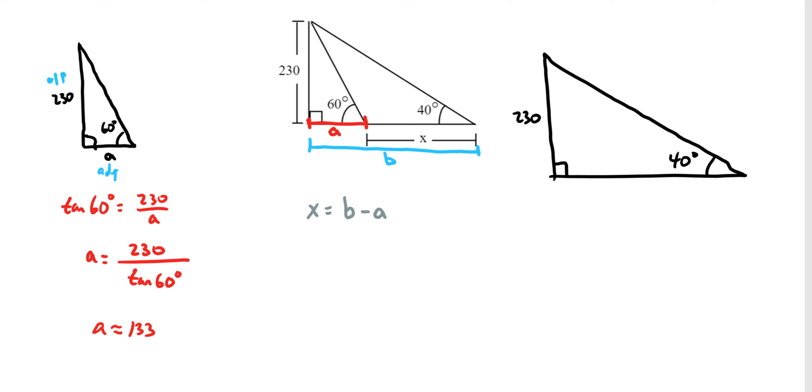And then we know that we're looking for the entire side on the bottom, which is side B. And the good thing is, even though it looks a little bit different than the one that we just did, we're still using tangent because we have the opposite and the adjacent side that we're going to be referring to here in terms of where the angle 40 degrees is. So this is going to be tangent still.